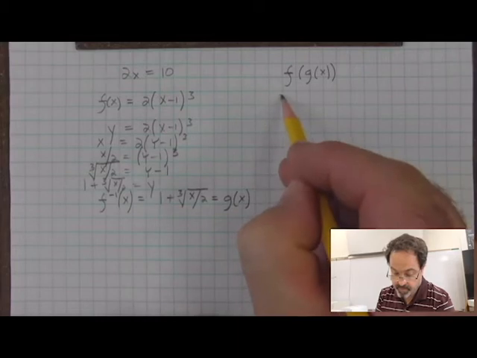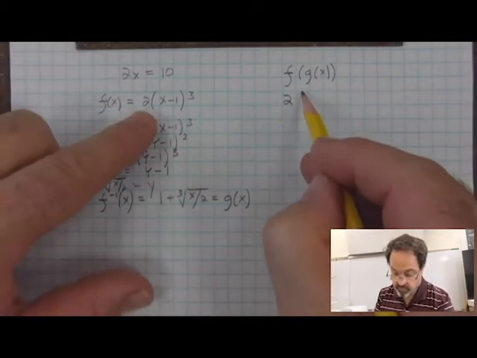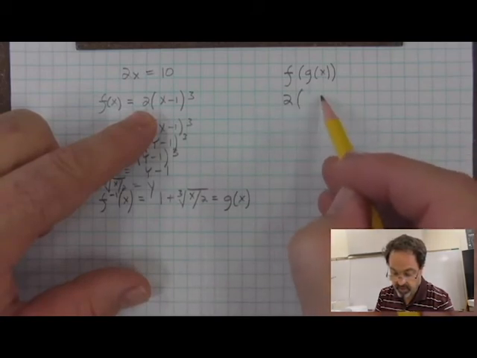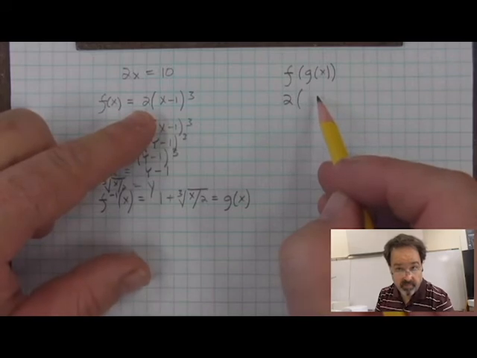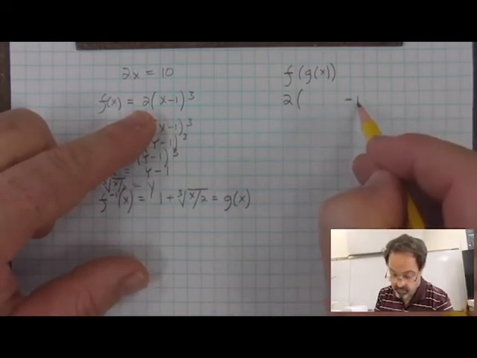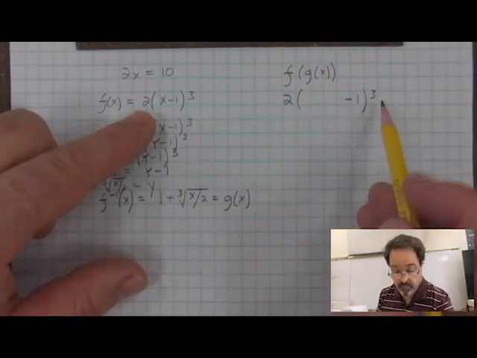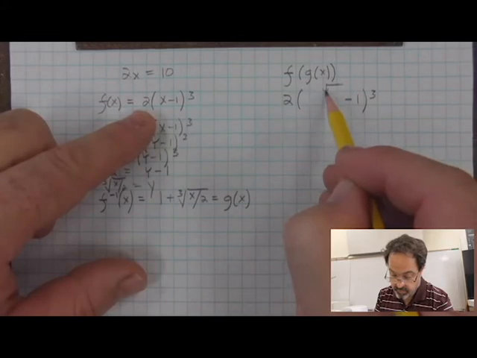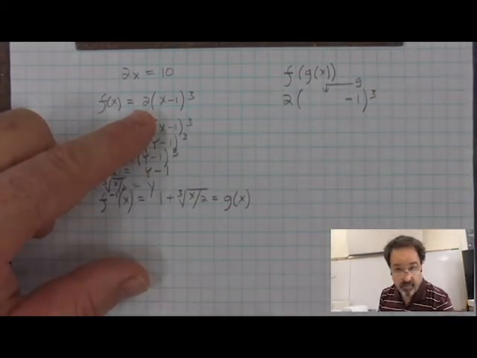How would I do that? I'd start with the outside function f, 2 times the input x. But in this case, the input is not only x, it's the entire g function. So I'm going to leave some space, and I'm going to finish the structure of the f function. And I'm going to put into that space where x went the entire g function.